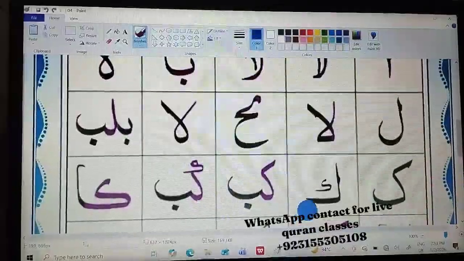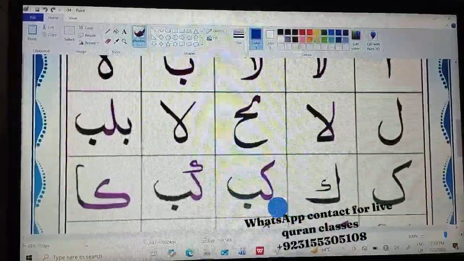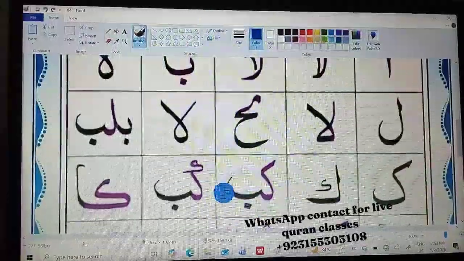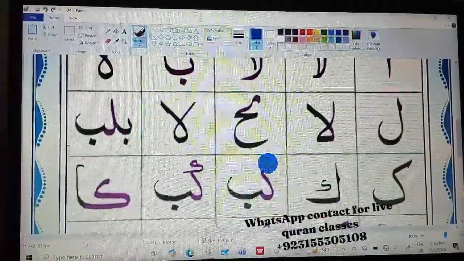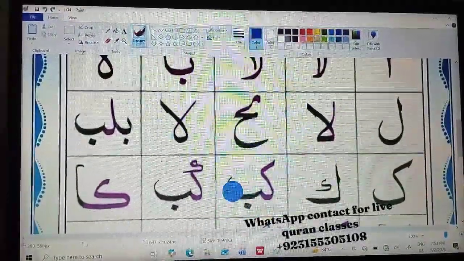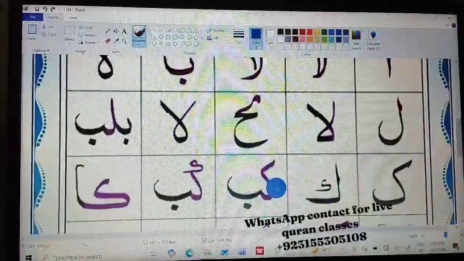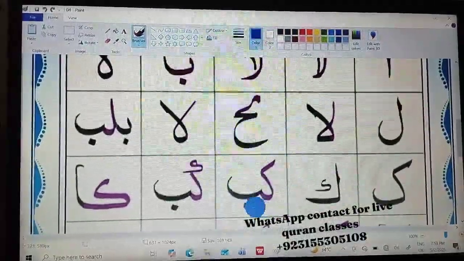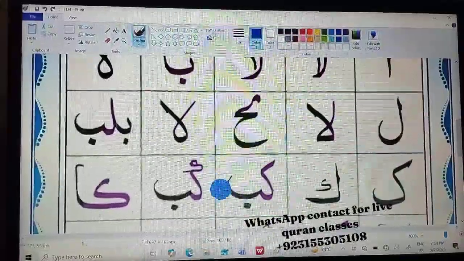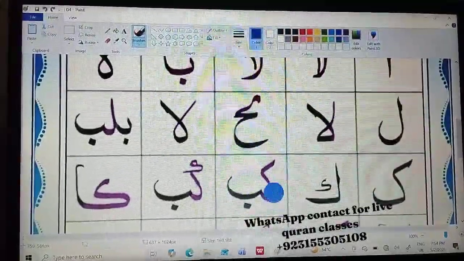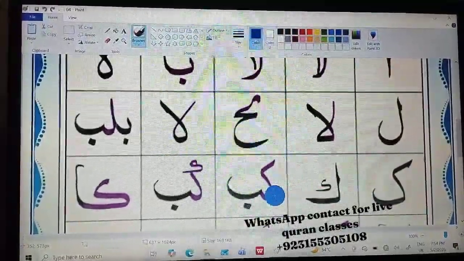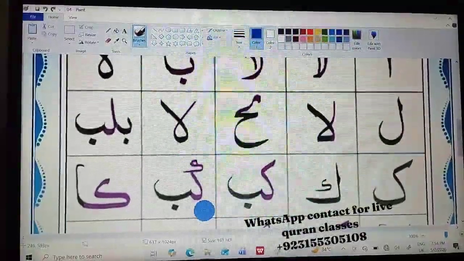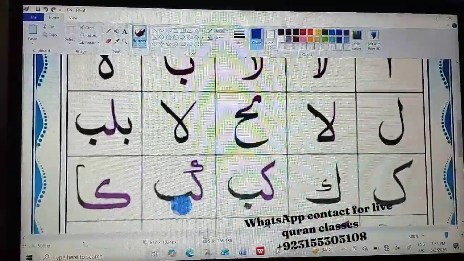Okay, jazakallah, thank you. So the next letter is Kaaf Ba. Here the red one is Kaaf in half shape, and then Ba, the black color, is in full shape. So two letters are joined together. We read it Kaaf Ba. Then the next one is Kaaf Ba again.